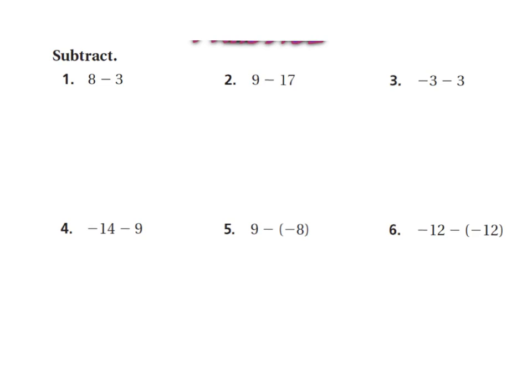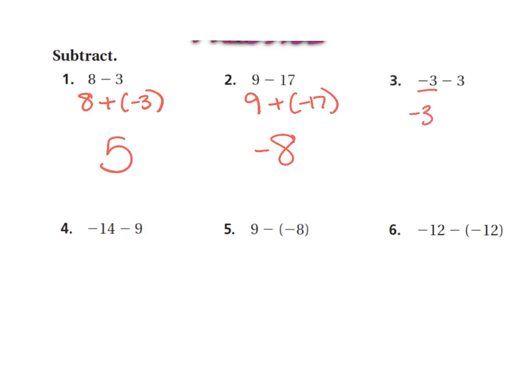So here we go. Change, opposite, 8 plus a negative 3 gives us 5. Stay, change, opposite. Negative 17 is larger by 8, so it's a negative 8. Stay, change, opposite.